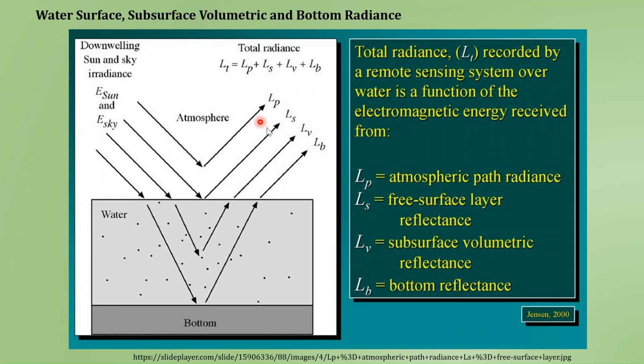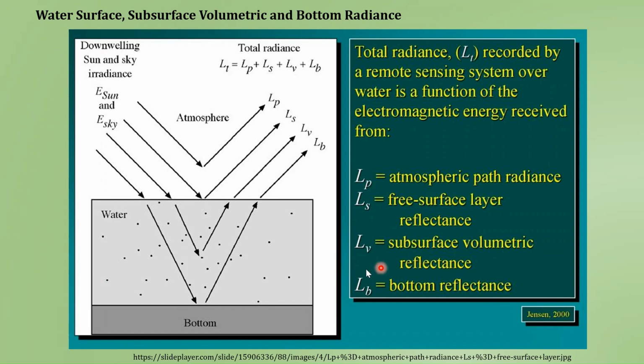So for remote sensing of water, the data is corrected for removing the atmospheric path radiance, because this portion never comes into contact with the water. So this portion is removed, and then these three, that is the free surface layer reflectance, subsurface volumetric reflectance and the bottom reflectance, are utilized for studying different biophysical characteristics of the water bodies.